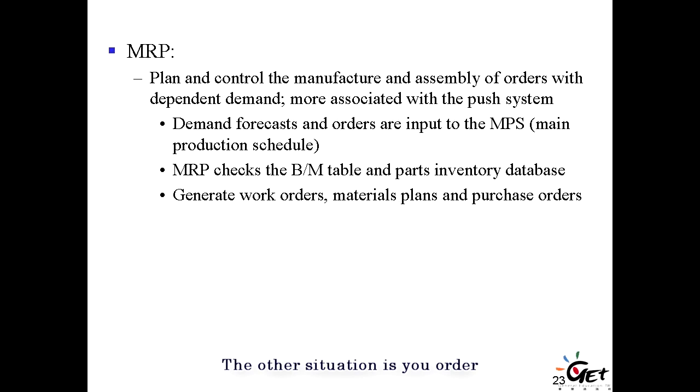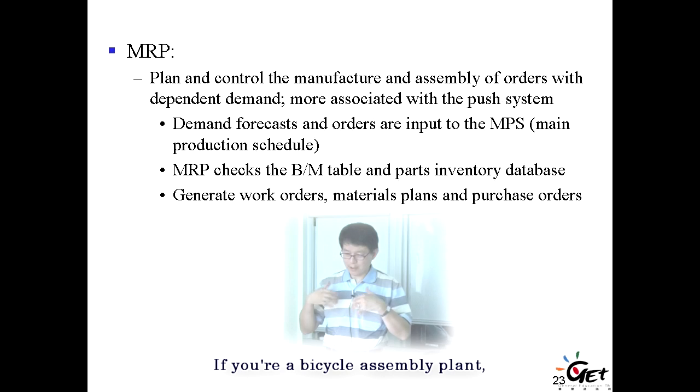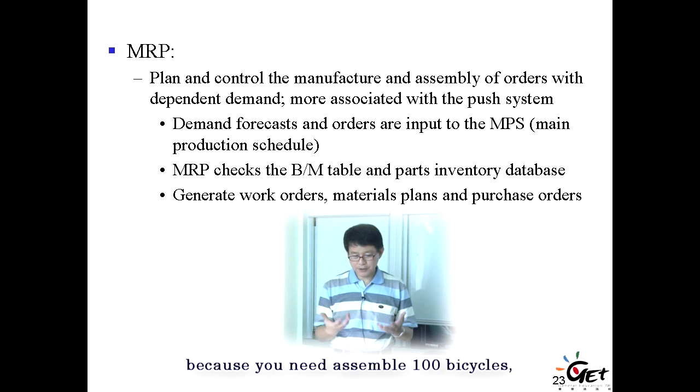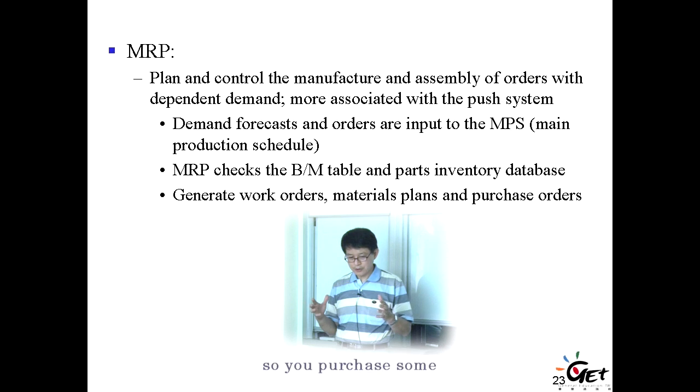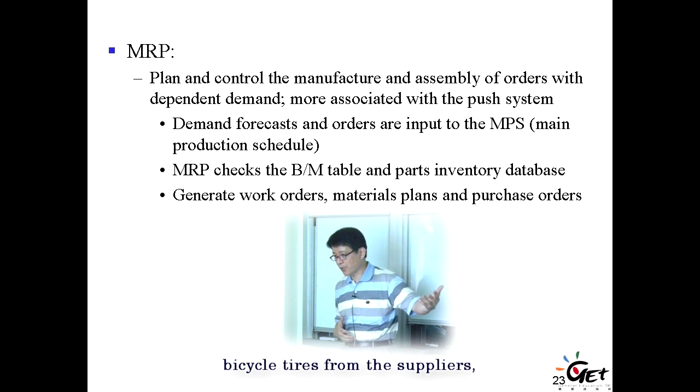The other situation is, say you order tires from the suppliers, bicycle tires. Then are the bicycle tires independent demand or dependent demand? Two possibilities. If you are a bicycle assembly plant, because you need to assemble 100 bicycles, you purchase some bicycle tires from the suppliers.